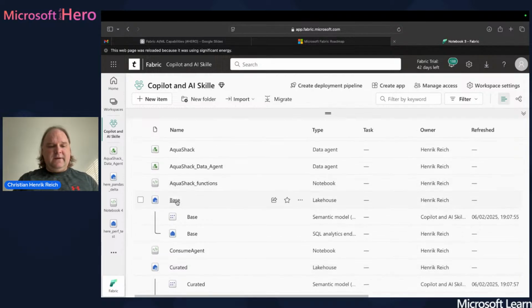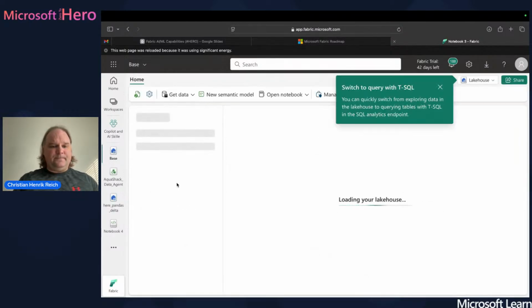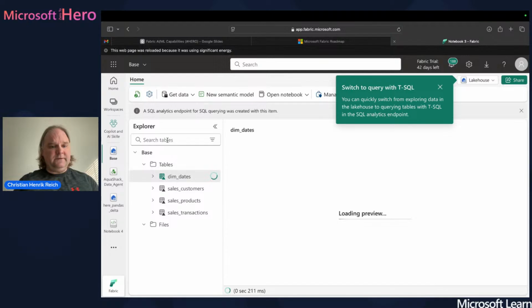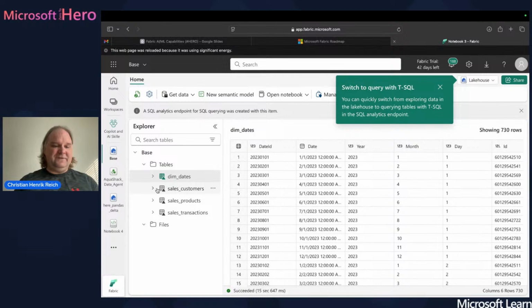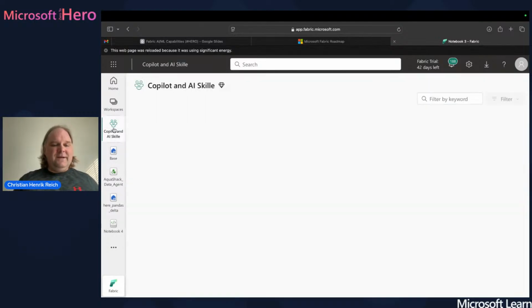A lakehouse can hold tables, and it can hold files in one unit. These tables are called delta tables, and work more or less like real tables. As you will see, it's actually not that fast. That's something you have to get used to when you're using Fabric. There's good reason for why it's not faster, but that's a completely different talk.